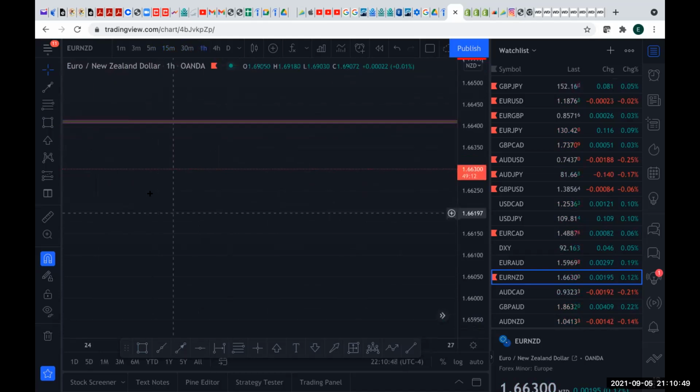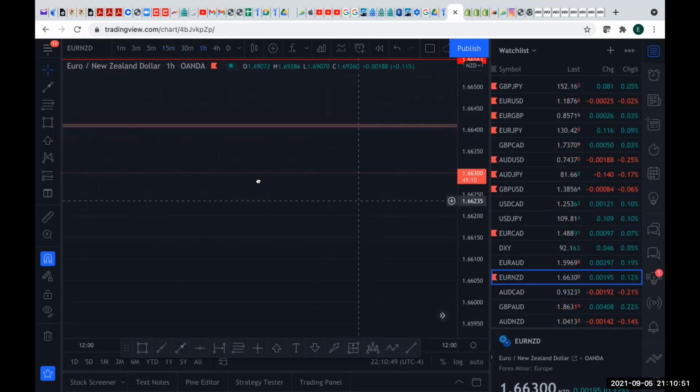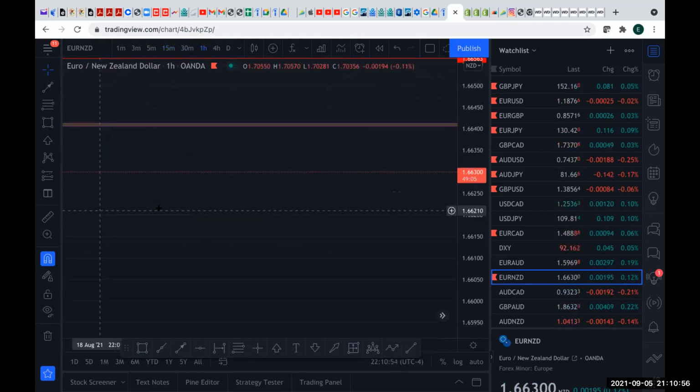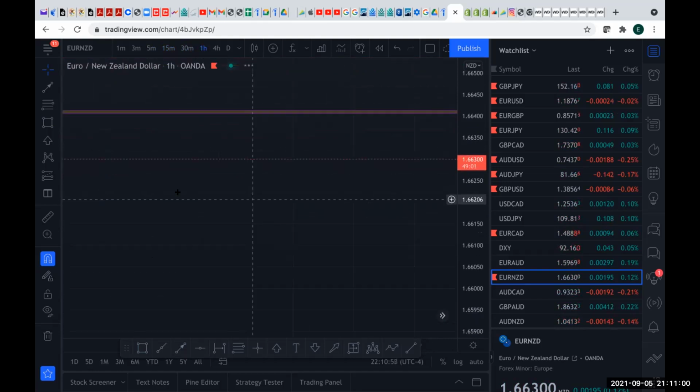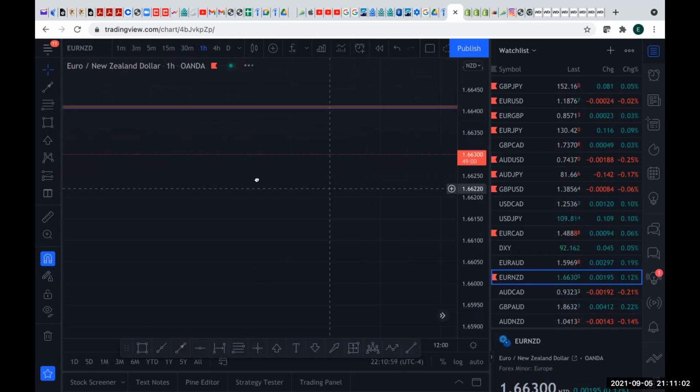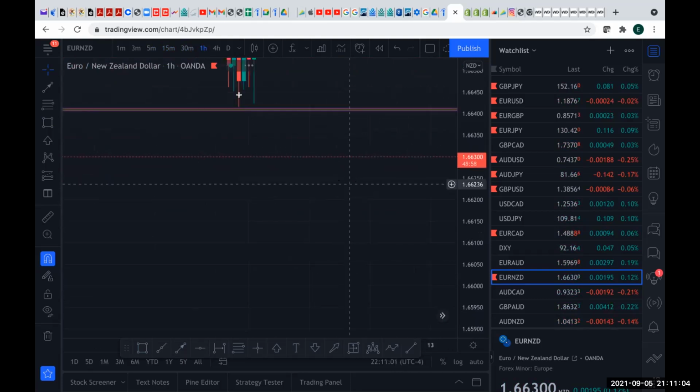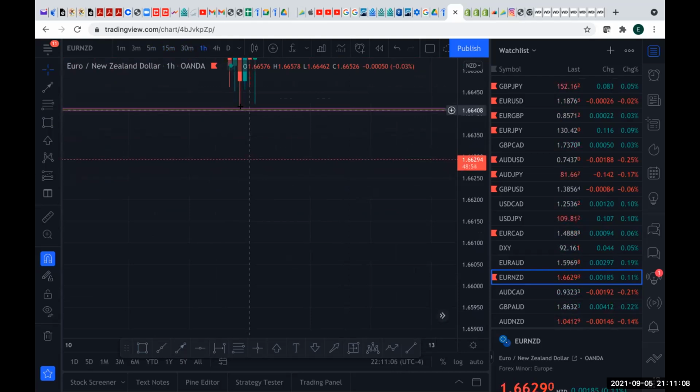So right now, we are way back August 18th. I don't see anything. So honestly, that would be kind of hard to go off of history. So I will be going off a guesstimate. But you see, it did respect it here, support-wise. So this area, to me, is solid. Would I take a trade there? Yes.